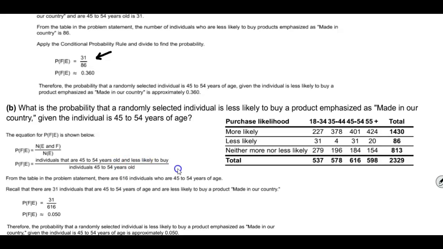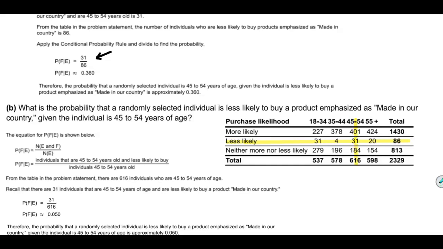So, taking a look at that scenario, we have the same situation as we had earlier. We're looking at the row of less likely, and then we're looking at the column of 45 to 54 of the age group.